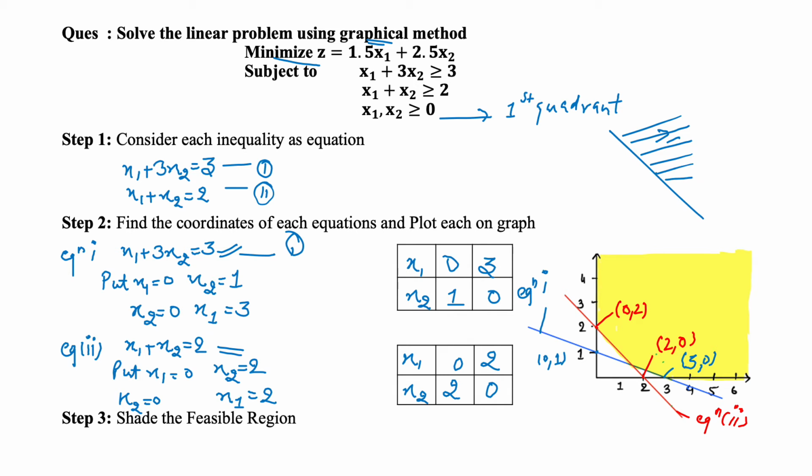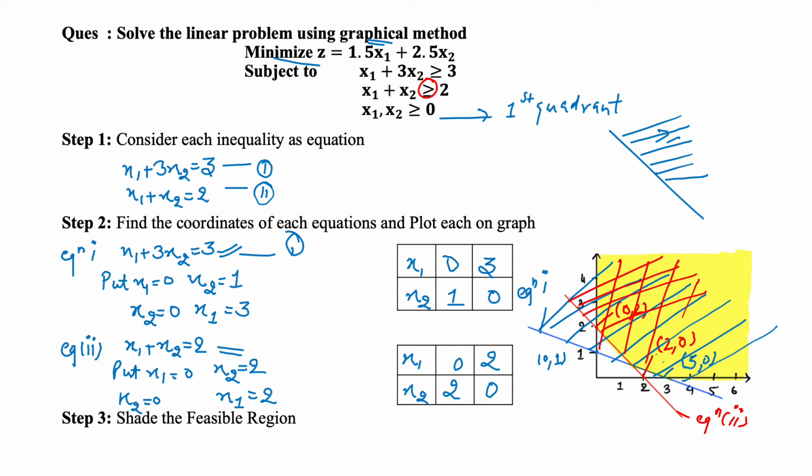So this whole region above this blue line is my feasible region for the first equation. Next, I will see the second equation. In the second equation also it's greater than, so similarly the region above this line is the feasible region.